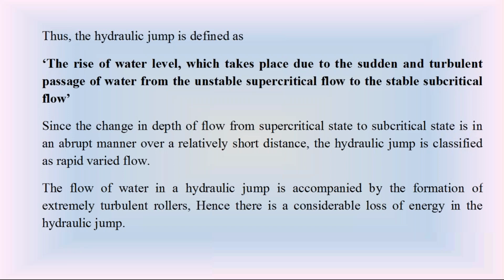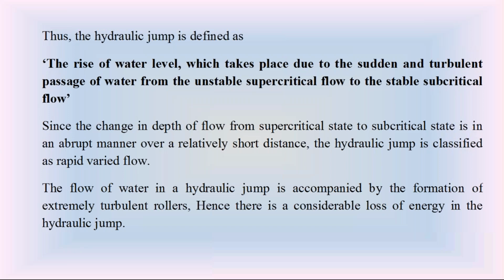You know that in non-uniform flow, again we have two types. Non-uniform flow is also called varied flow. Already I explained that non-uniform flow in open channels is also known as varied flow. In that non-uniform flow, we have two types. One is gradually varied flow.